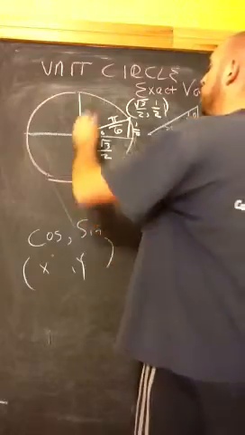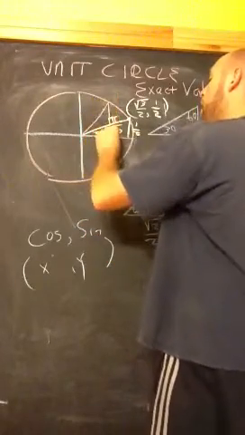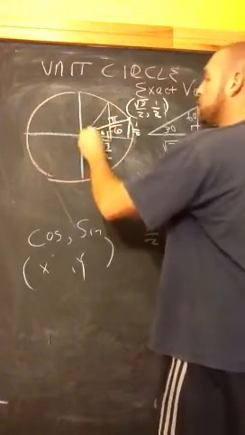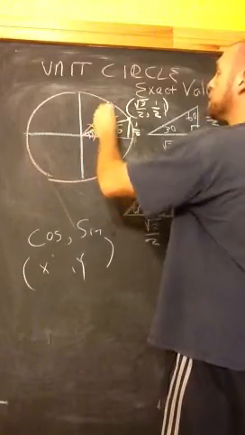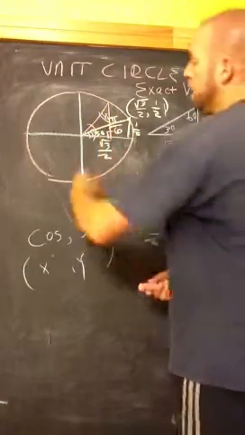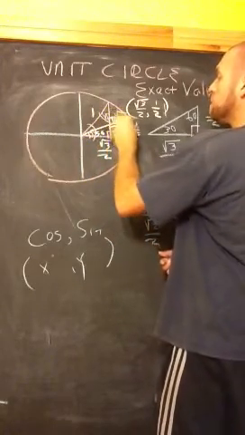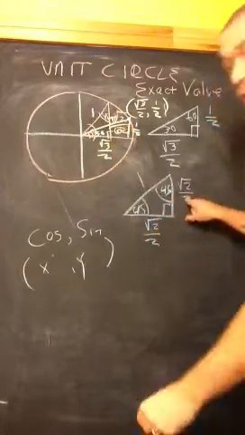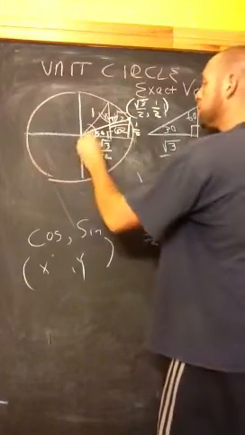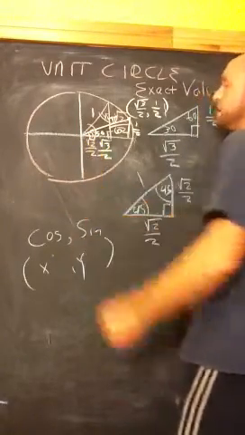We'll do this one in pink, okay? I know it's kind of messy, but if you watch me do it, it's not that bad. This is going to be 1. We already know this is √2 over 2, as I said, right? This is √2 over 2. I know it's messy.